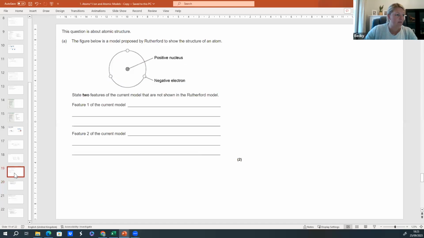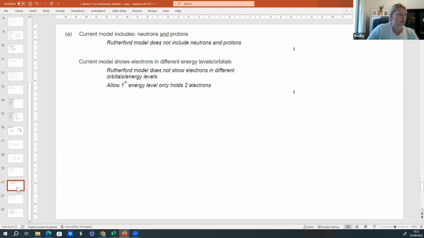In Rutherford's model, they were just dotted around, not in those specific energy levels like we have today. If you identified that the first energy level should have only had 2 electrons in, whereas in the diagram it had 3, that is perfectly fine, because you're absolutely right that there are 2 in that first one.